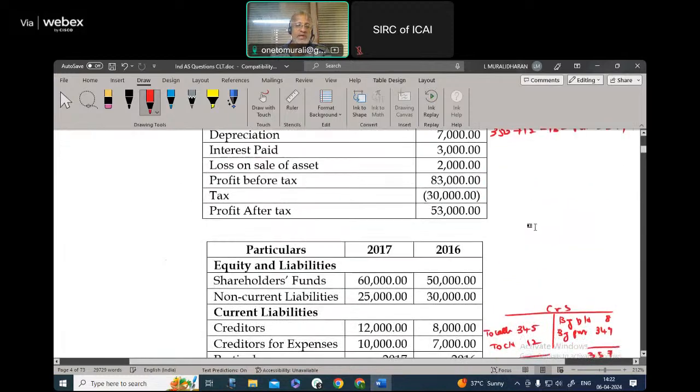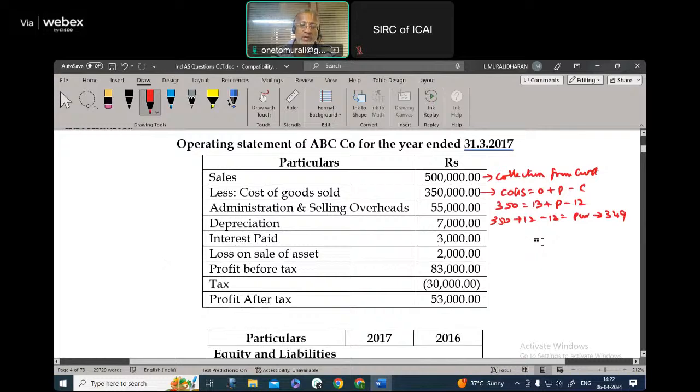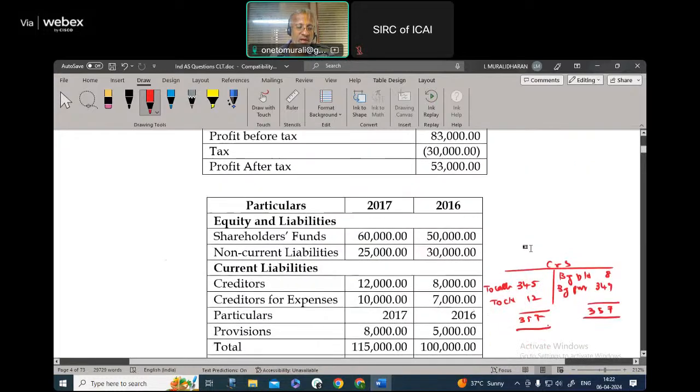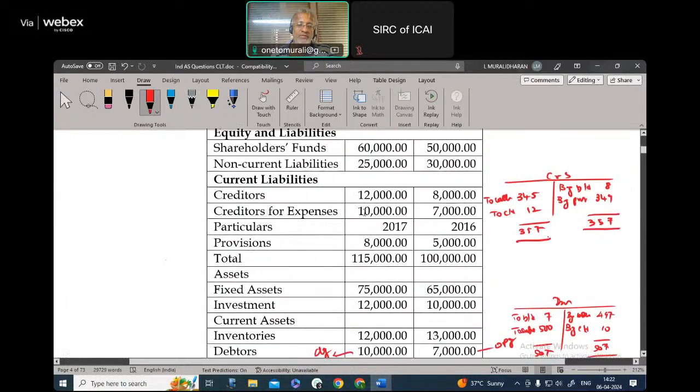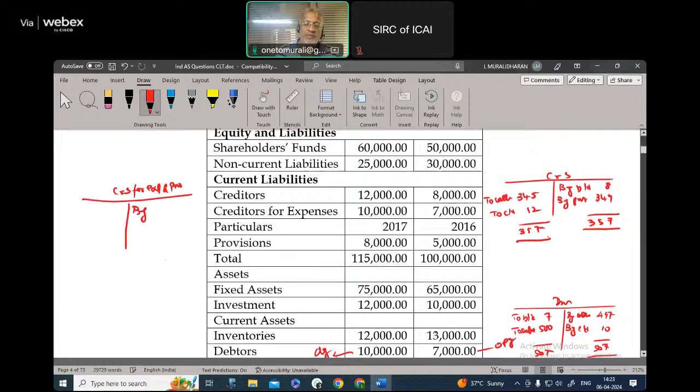So not only this item we are expected to take up, even administration, all these are expected to be taken up. So for that, we do have creditors for expenses and provisions, both to be taken up. So we can take up creditors for expenses and provisions. With opening balance for creditors for expenses and provisions, 5,000 and 7,000 together, 12,000, and the closing balance being 10,000 and 8,000, 18,000.